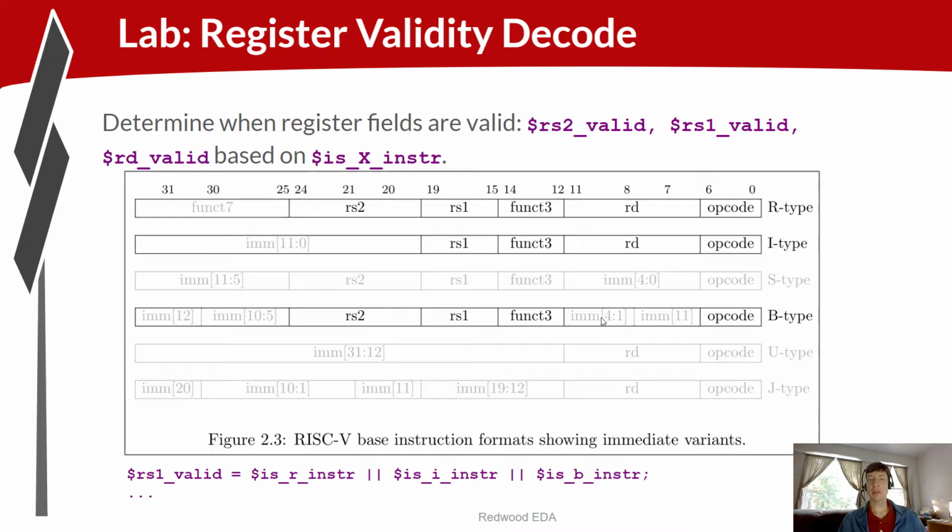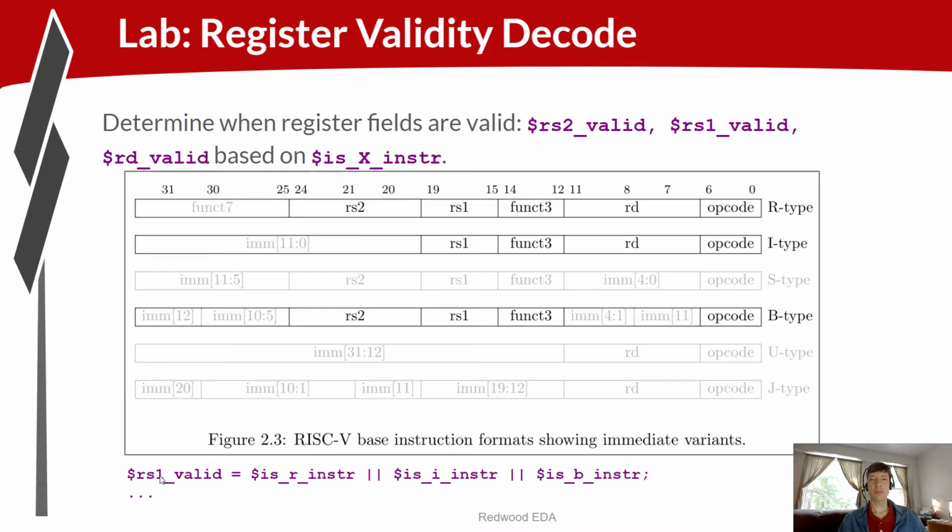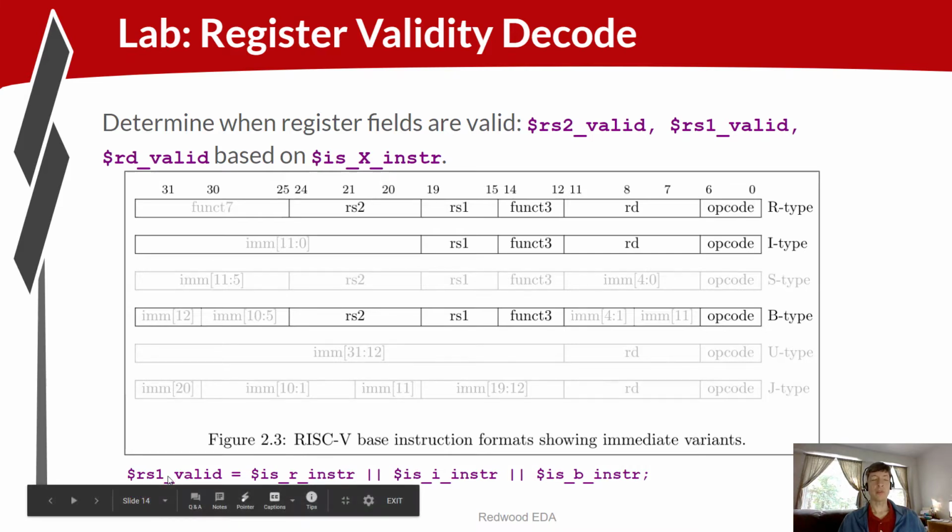For B-type, there's no destination register. So based on the instruction type, different fields will be valid. So I've given you the expression that determines when the RS1 field is valid. And so that's valid for R-type, I-type, B-type, all the types that we care about.